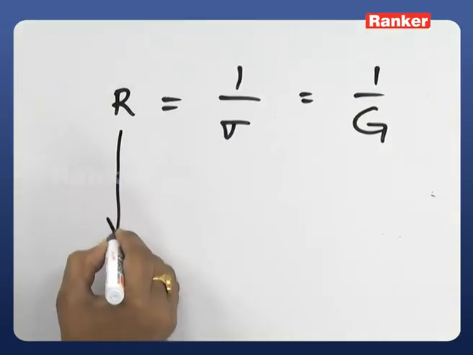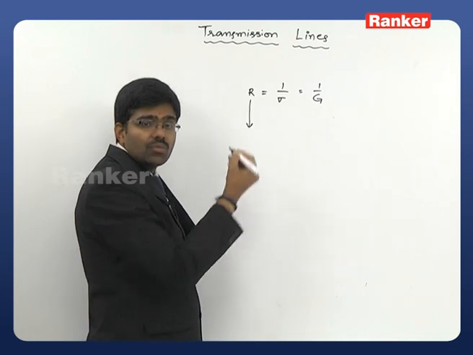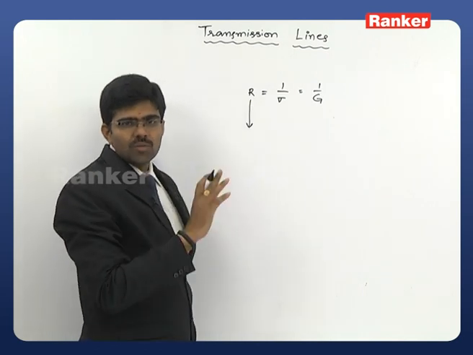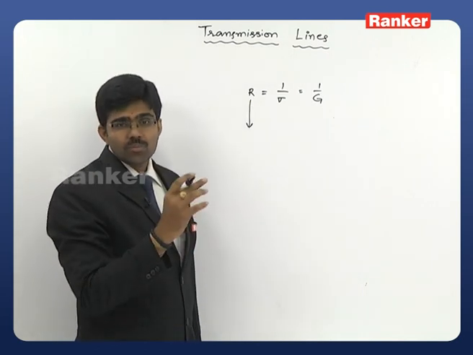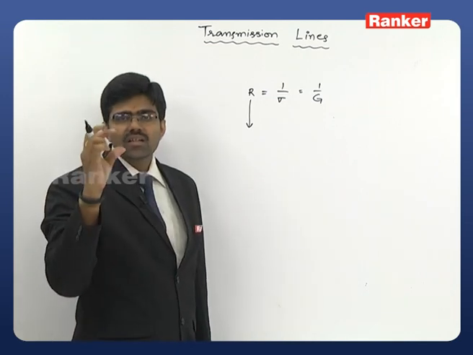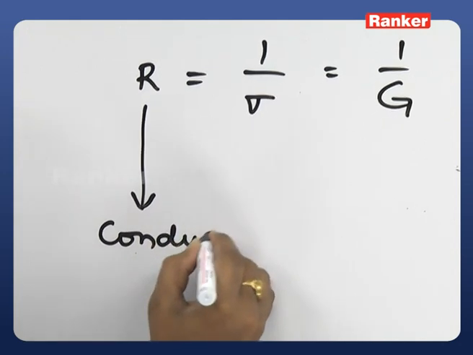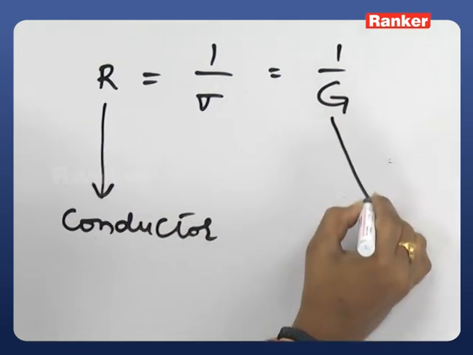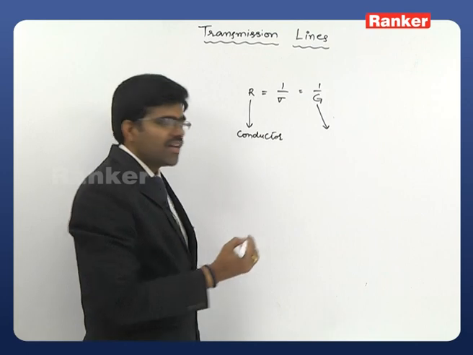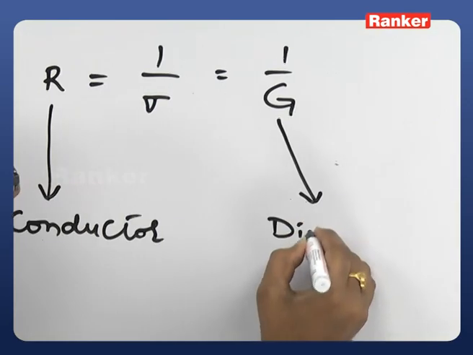Here this resistance is observed for the conductor. We are not observing a single component; we are observing the entire conductor in our structure. So R is calculated for the conductor, and G is observed for the dielectric medium; it is not measured for the conductor.